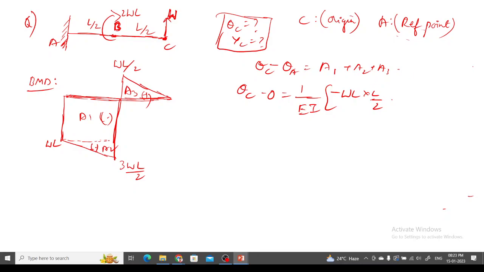Okay, and A2 is minus WL square by 8, and A3 is the upper triangle. Okay, so WL square by 8. Is this correct, what I have written? I am simply finding out the areas alone.